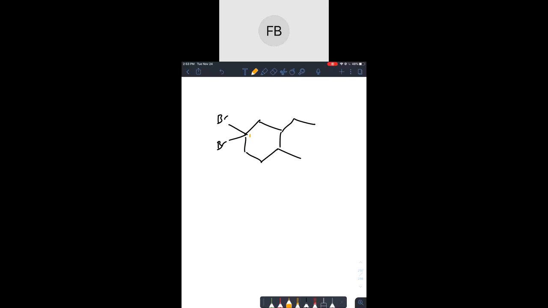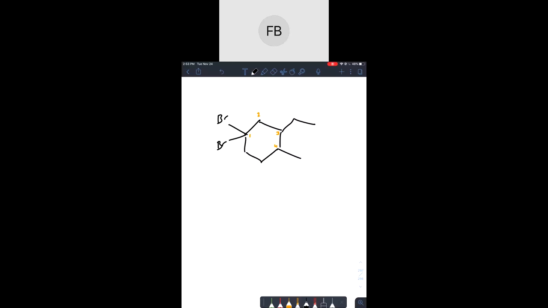And then we're just going to go in the direction that's going to have something attached to it next. So we're going to go 2, 3. If we had decided to go counterclockwise, it would have been 2, 3, 4 before we got to the next thing, right? So that's why we go the clockwise direction here. Okay? And so that's carbon number 3, and this is carbon number 4.